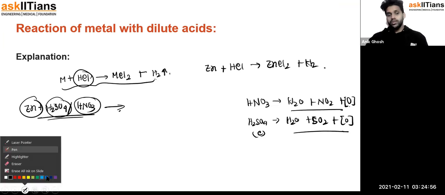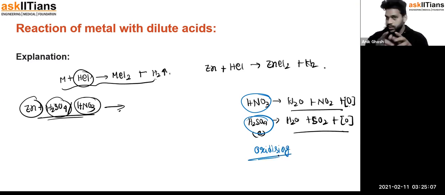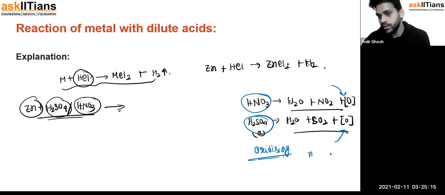So both of them are very good oxidizing agents, because when they are broken down under the influence of temperature, they give some oxygen atoms that we call nascent oxygen. This nascent oxygen is very reactive, so they can oxidize anything.